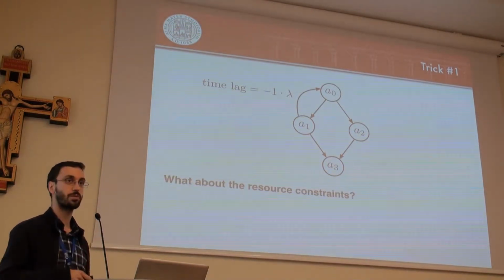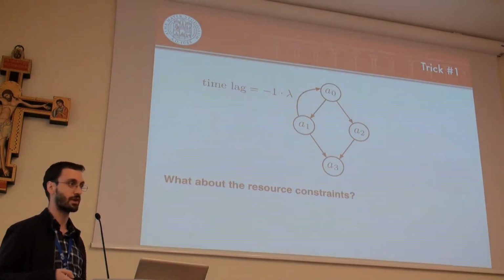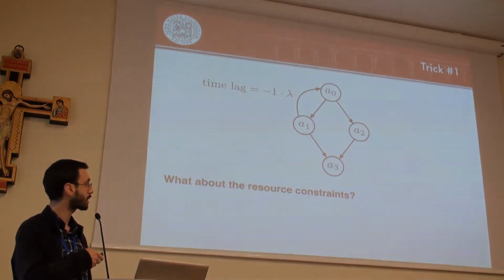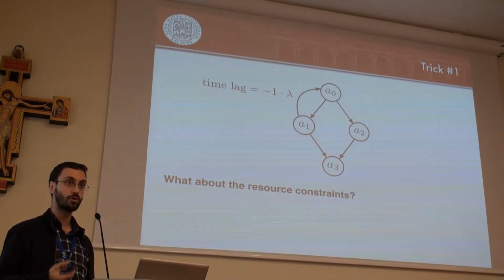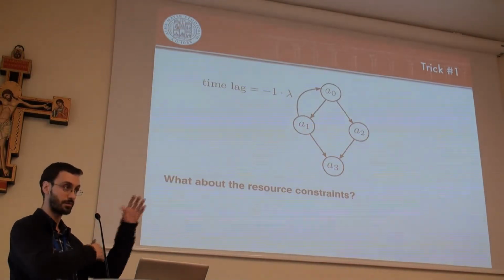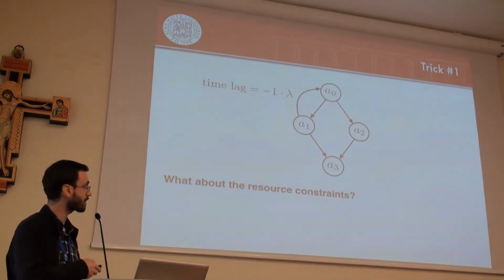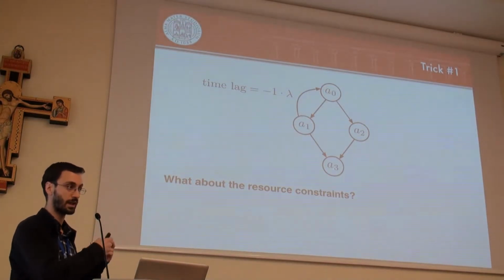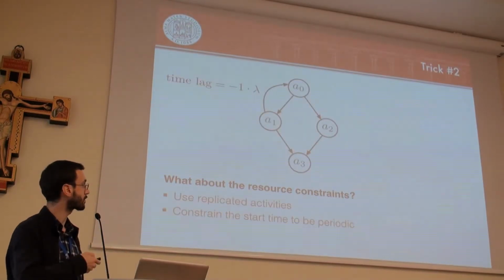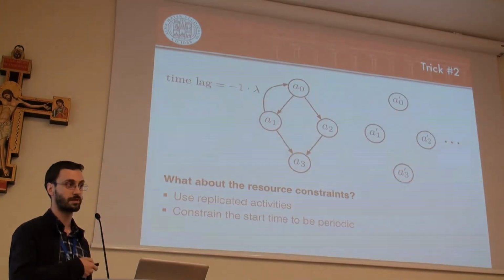Okay, so what about the resource constraints, right? This is probably going to be a little more complex, and in order to tackle those, we are going to borrow something from the unfolding technique, the idea of growing the graph. So what we do is representing the additional executions of the activities as additional activities. We introduce some replicas.